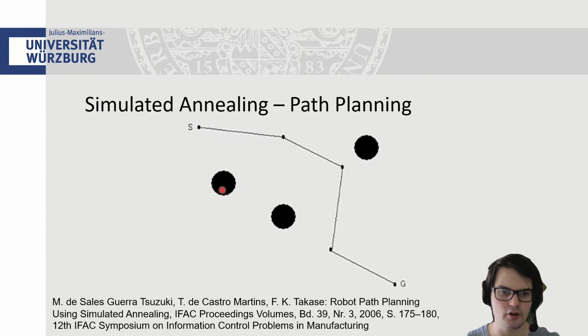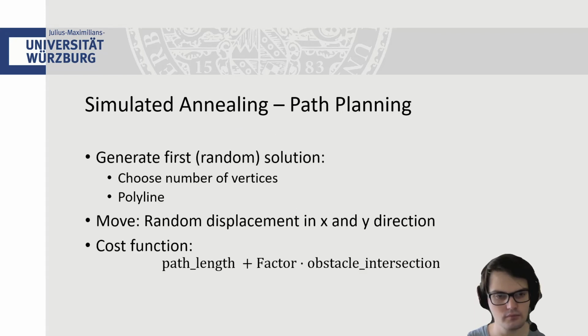We want to avoid the obstacles and find a path that is as short as possible. So let's look at this in detail. At first we generate our random solution and we have to choose the number of vertices of our polyline in the beginning. Then our path will be a polyline, so it will be straight lines as shown previously.